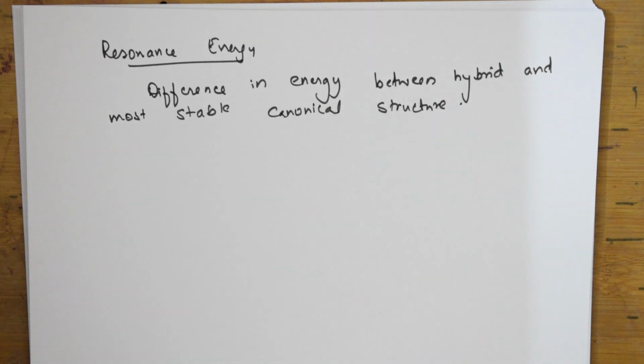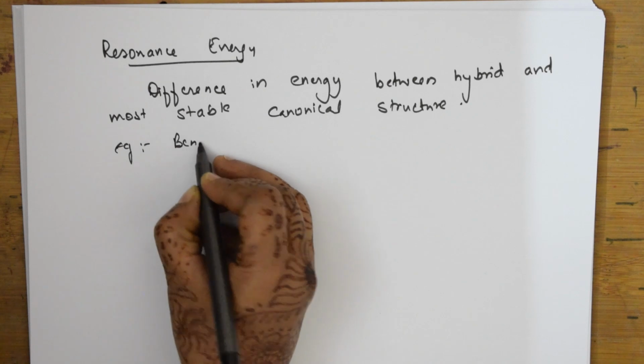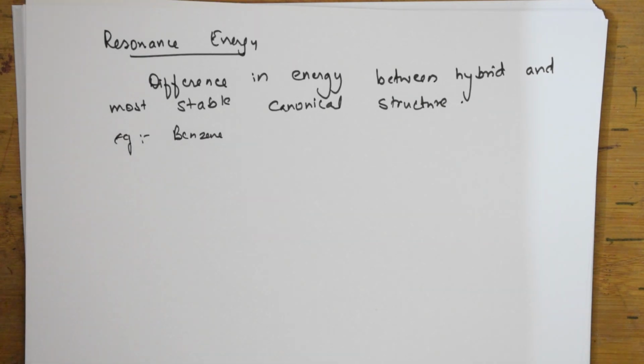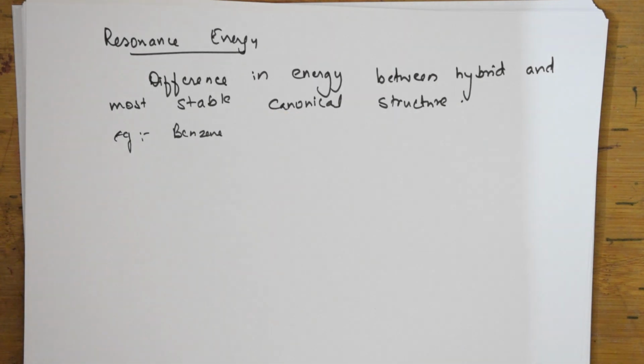Okay, right, fine. Suppose I take benzene as an example. We very well know benzene shows delocalization of pi electrons, so it's going to form a resonance hybrid, correct? Finally it shows all the canonical structures and then forms a resonance hybrid. So I said the difference in energy between the hybrid and the most stable canonical structure.